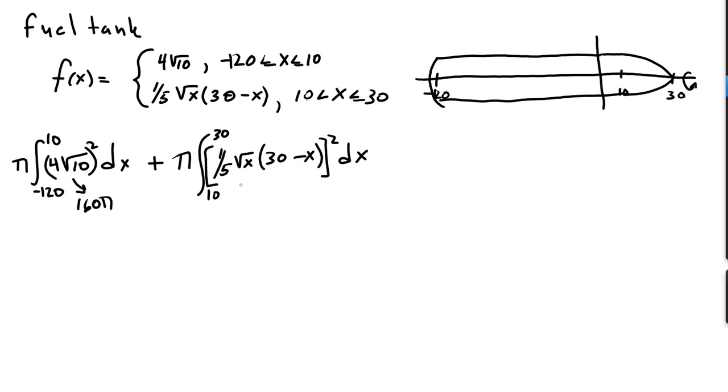And if I square this out, I have 1 over 25, so this is going to be pi over 25 times x times 30 minus x, squared. All of this replaces what's in there when you work it out, and you're going to put this in the calculator on these bounds.